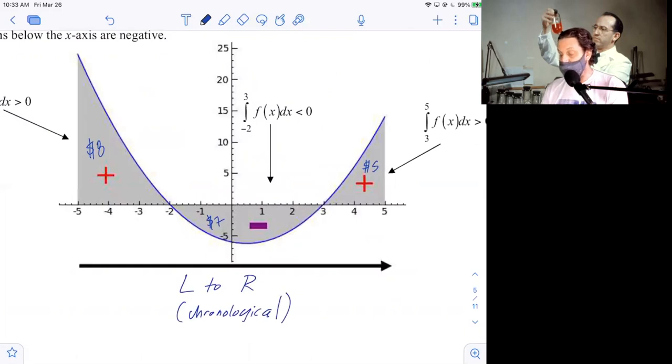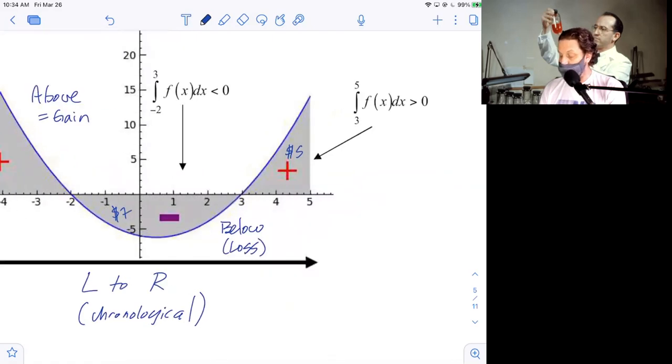So if it's above, then it's going to amount to a gain of the magnitude of the area. But if it's below, we have negative y values. Area can't be negative, but the fact that the area is 7 and it's below, this is going to represent a loss, okay? A loss. And again, back over here, if it's above, it's another gain, all right?